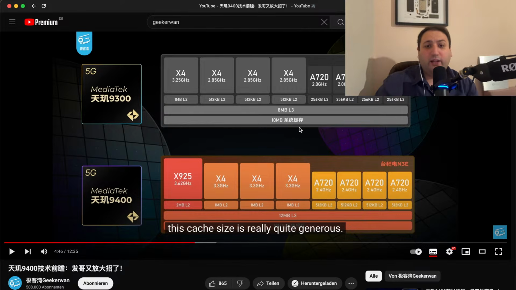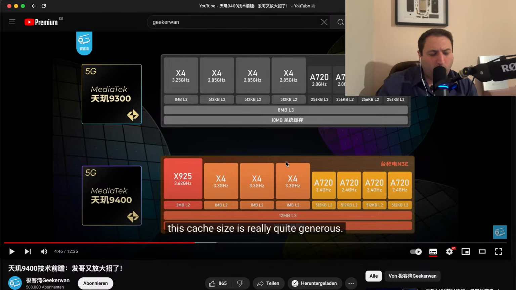And of course, don't forget, more cache sometimes results in higher latency, because now your task literally has to travel through more silicon. So I would be interested to know how big the Dimensity 9400 is. It definitely will be bigger than the 9300. There is no density increase in N3 that would justify doubling cache without increasing size, but it's definitely an impressive chip.